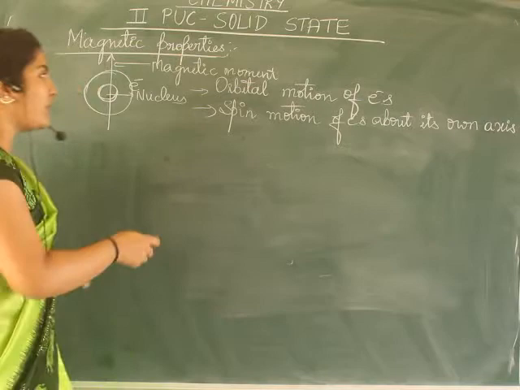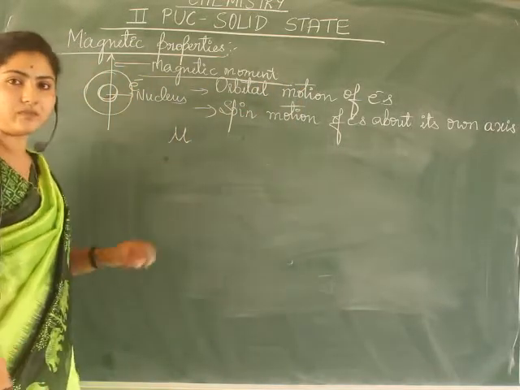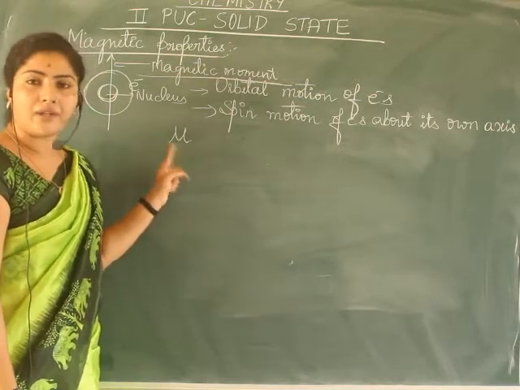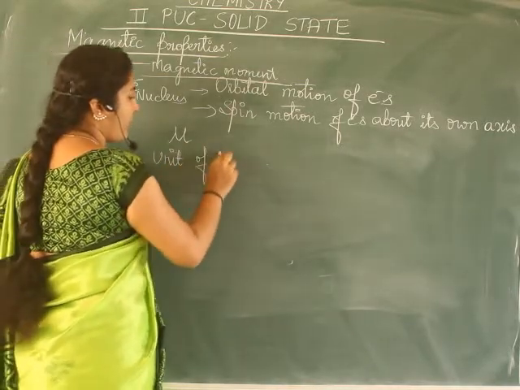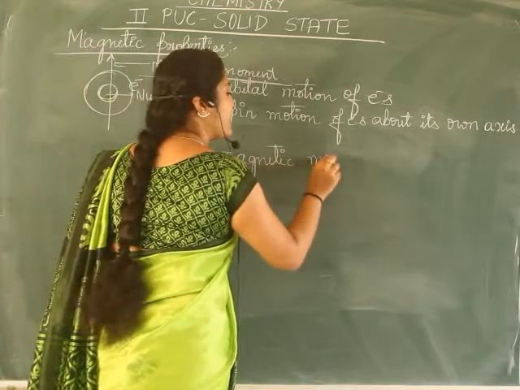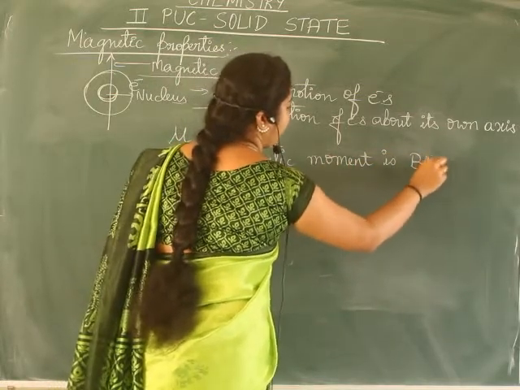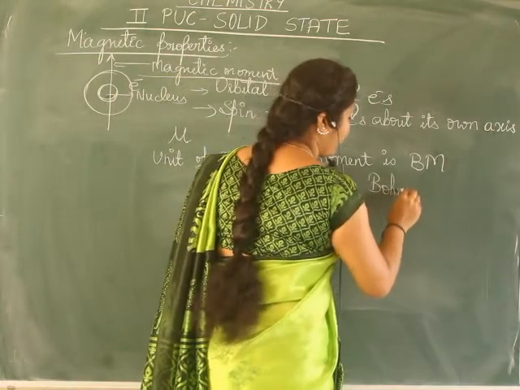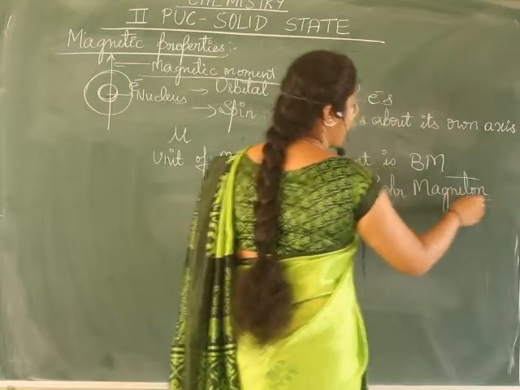The product of these two gives the magnetic moment, which is denoted as mu. The unit of magnetic moment is the Bohr magneton, BM. This is the unit for magnetic moment.